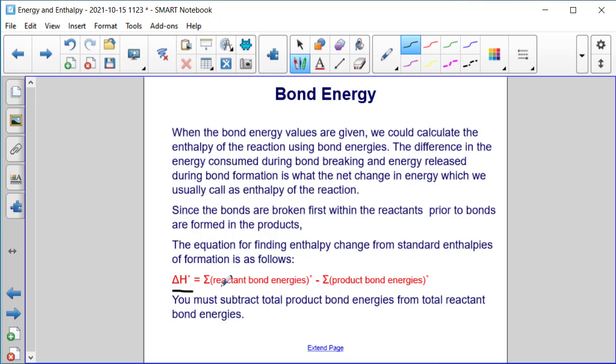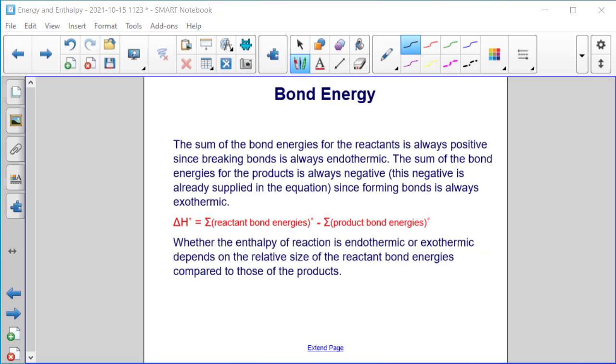It's the sum of all of the reactant bond energies minus the sum of all of the product bond energies. You have to subtract the total product bond energies from the total reactant bond energies. Remember that for the reactants, we're putting energy in. For the products, that energy is being released. That's why we have a negative or subtraction here.